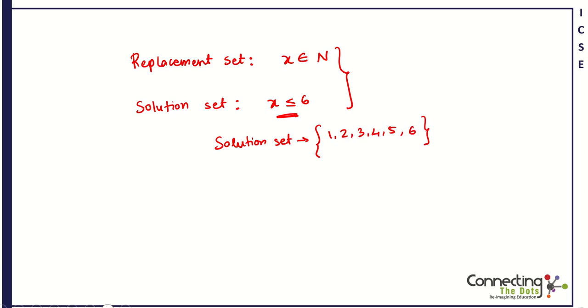We saw what replacement and solution sets are and how they can be represented on the number line. So this is what we studied. In the next class, we will take a look at more difficult, challenging questions in algebraic inequations, linear inequations, and see how they can be solved.